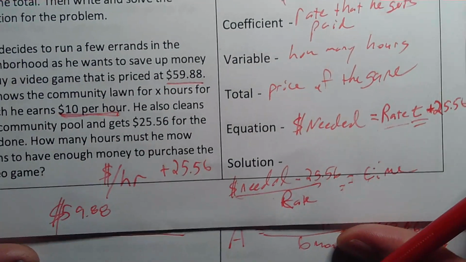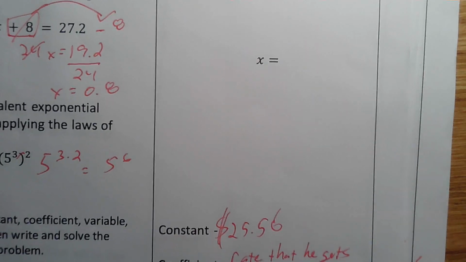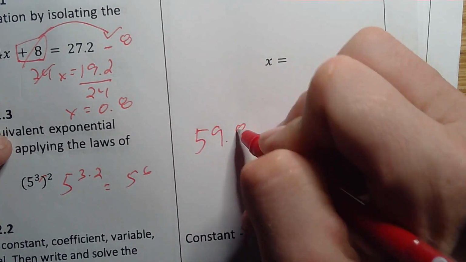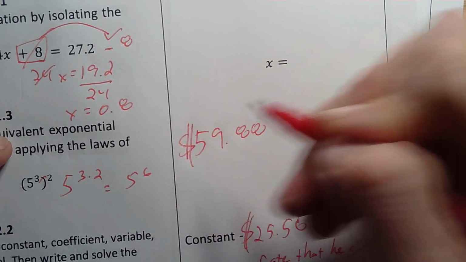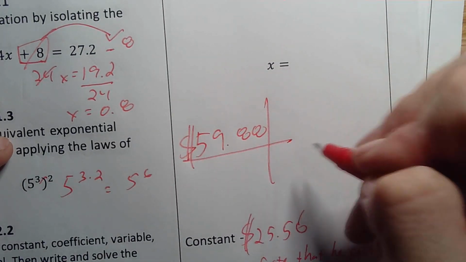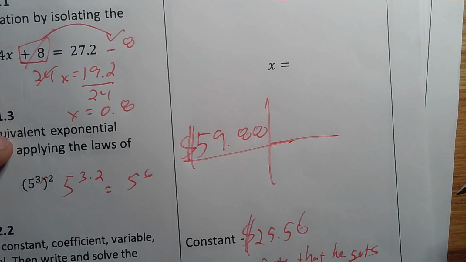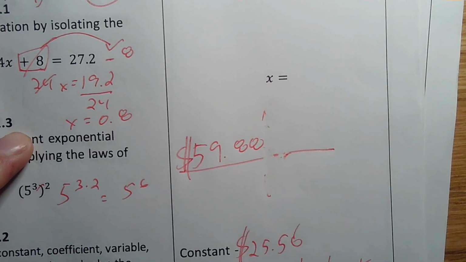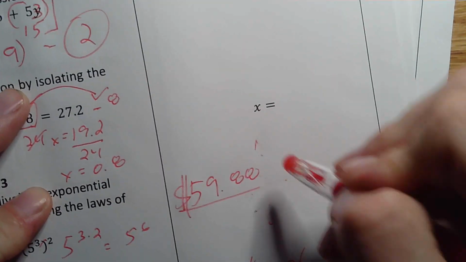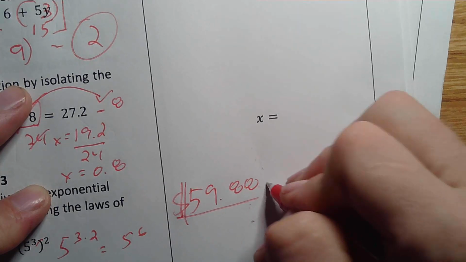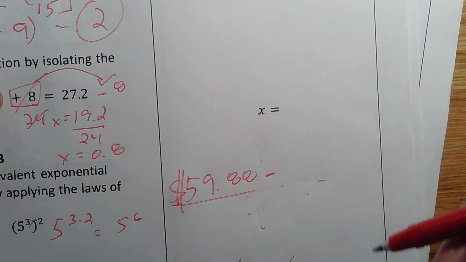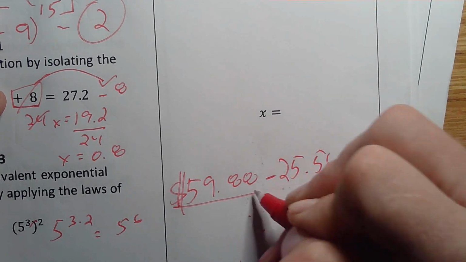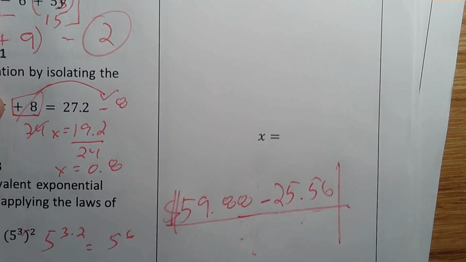Okay, so let's do a railroad track up here. Railroad tracks are nice. So the money needed is $59.88, and we're going to subtract. He has already gotten $25.56 of that.